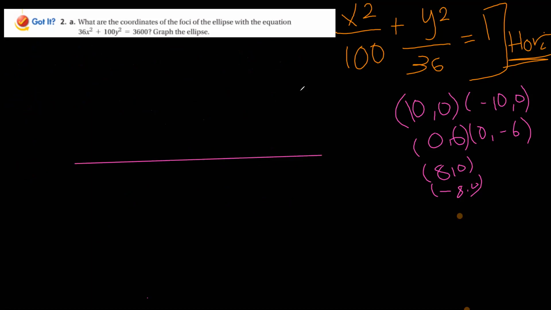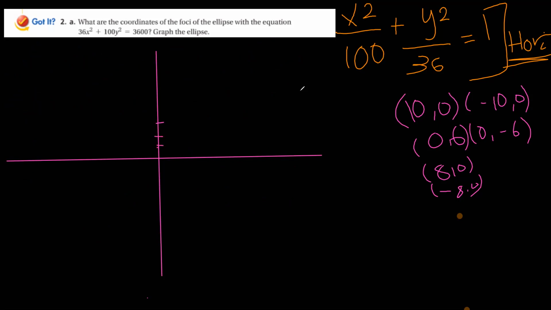Now, let's draw the x and y axes. Since I'm talking about a horizontal ellipse, the major axis will be on the x-axis. Now, let's plot.